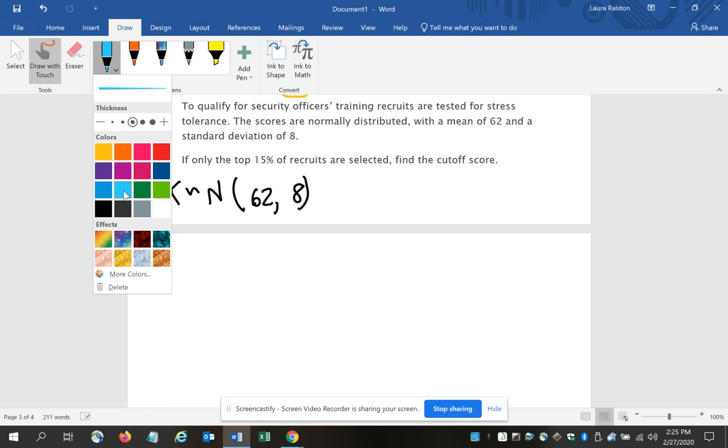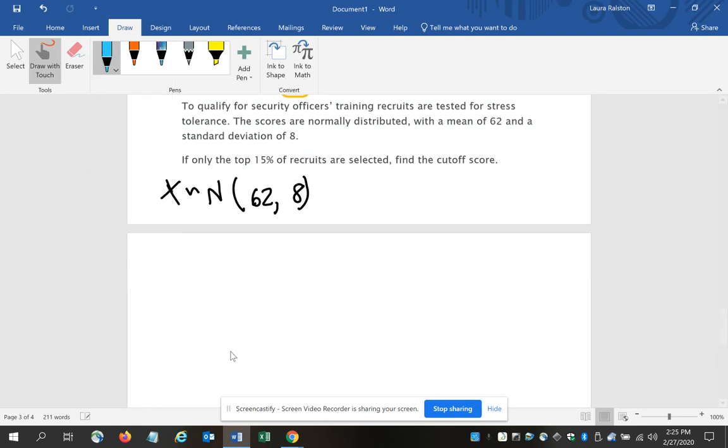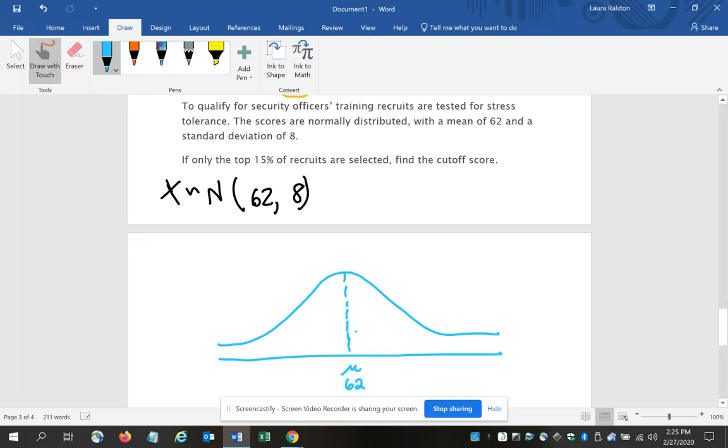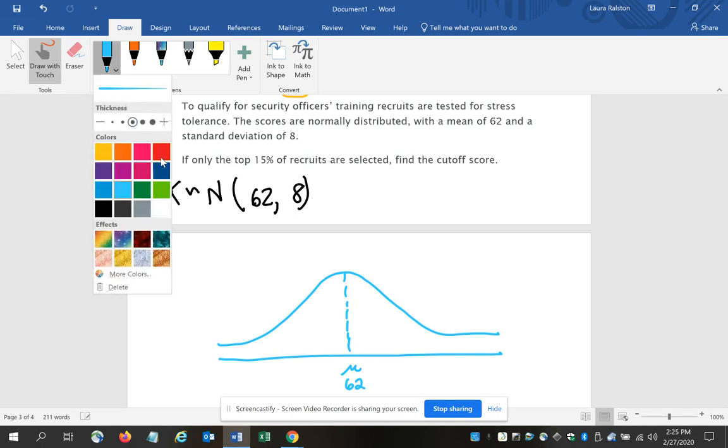Okay, so then if I draw a picture so I can get a sense of what's going on, I draw the baseline. Again, that's going to get messy, so hold on just a second. Okay, so we draw the baseline. We draw our bell curve. The mean is in the middle, which is 62. And it says only the top 15% of recruits are selected.